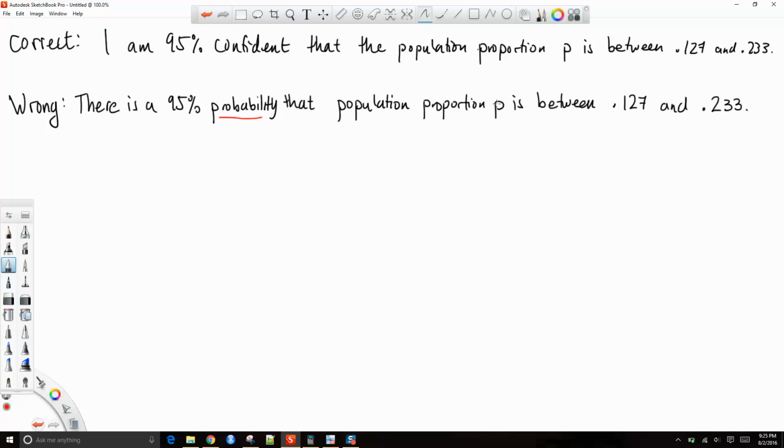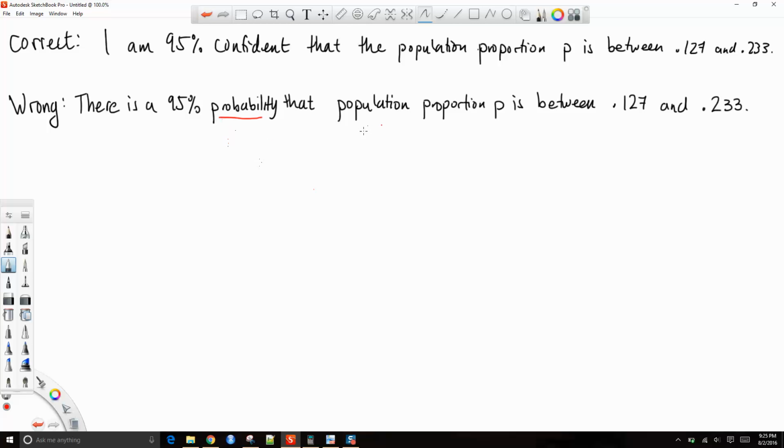If we froze time and we counted every single M&M in the world, and we could figure out exactly what proportion are red, it doesn't matter whether we know it or not. It's a fixed value. It doesn't care what our random sample says. So it does not make sense to talk about probability that the population proportion P is between those values. All we can say is talk about how confident we are, okay?